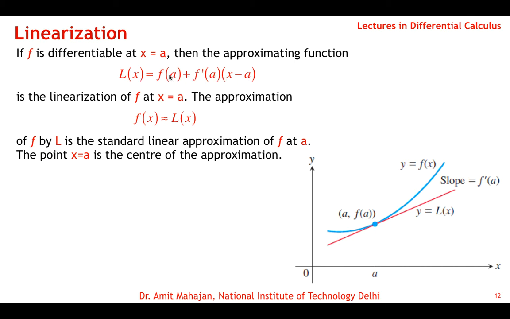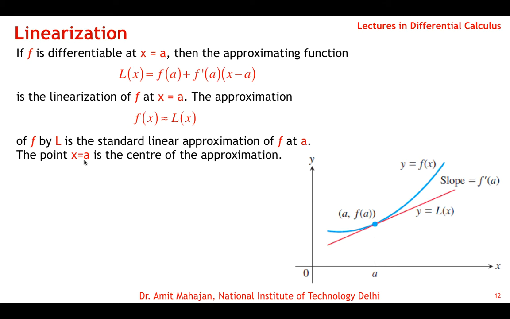This is the equation of the tangent line at the point a, the linearization of the function at x equals a, and the approximation of f by L is the standard linear approximation of f at a.